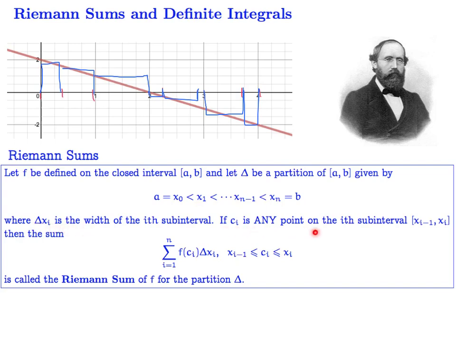Then you pick any point in between those points to build your rectangles like we did above, and add up the area of this almost random collection of rectangles. This is called a Riemann sum. And what he found out with these was something pretty cool.